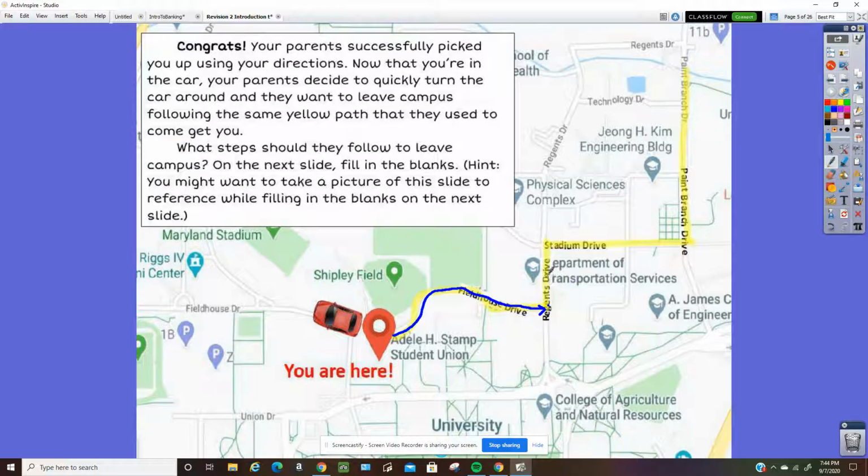Then you're going to make a left on Regents Drive, and then a right on Stadium Drive, and then a left on Paint Branch Drive, and you'd pass by parking lot 11B on your right and be exiting campus that way.